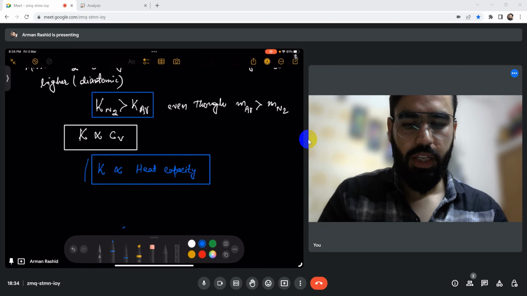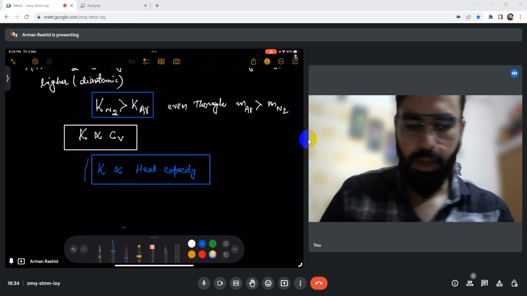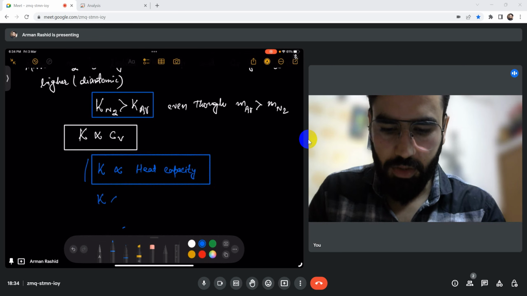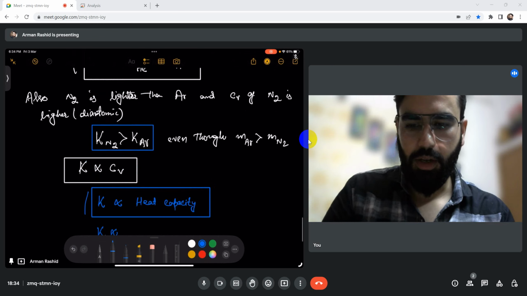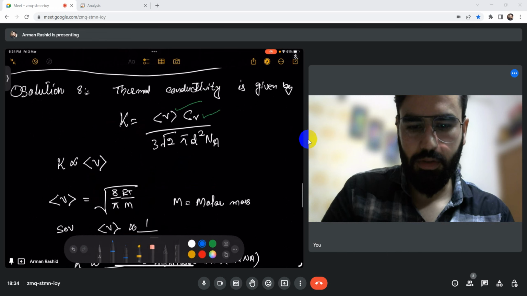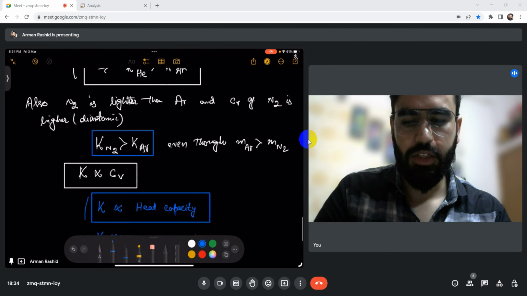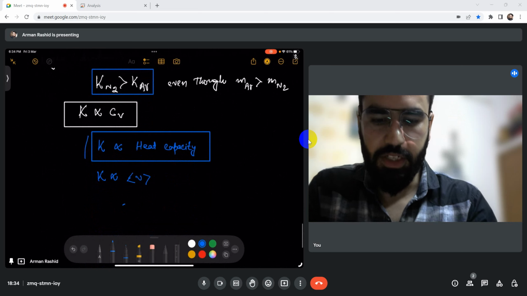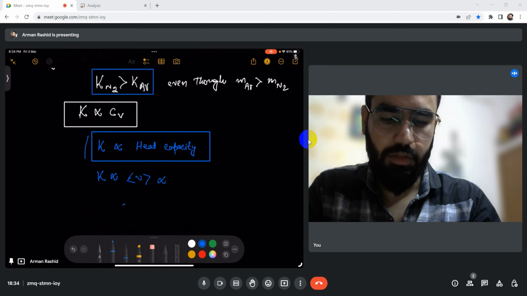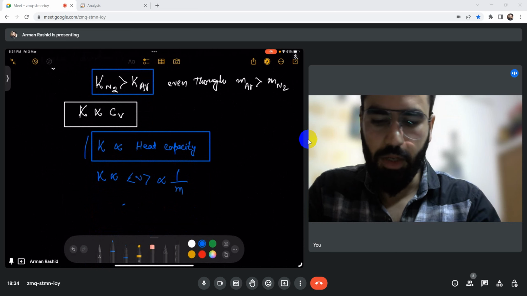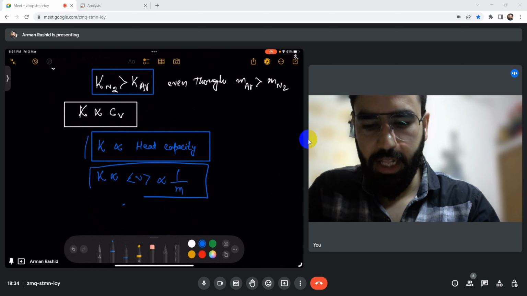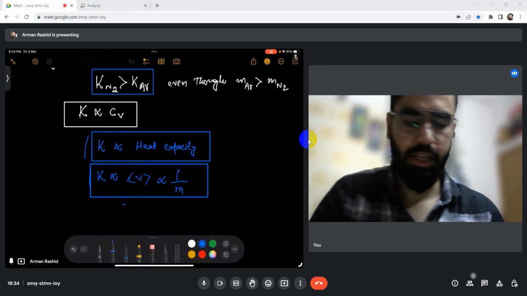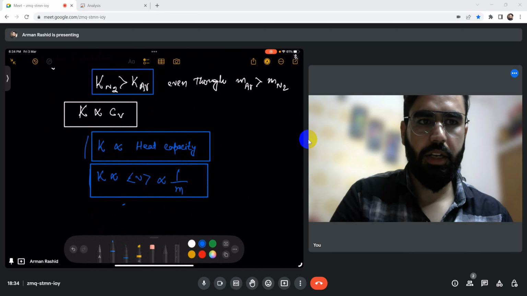So K is directly proportional to heat capacity. K is also directly proportional to average velocity, and since the average velocity is inversely proportional to molecular mass, the lighter the element, the higher will be the thermal conductivity. Why?